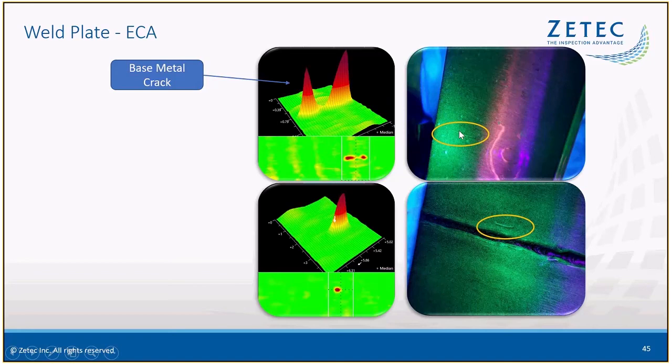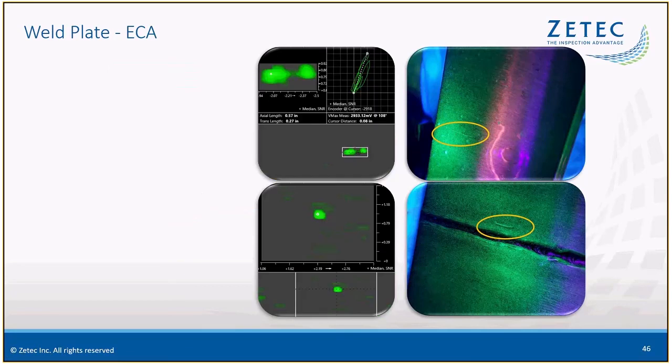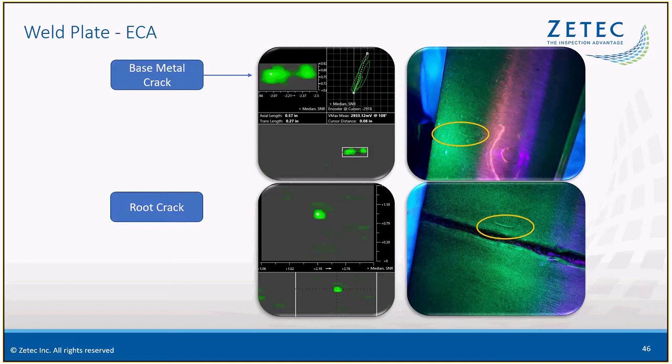And so you don't really get that level of detail with the MT, but you do get it on the eddy current array. And then the root crack, it would be hard to tell, but the root crack is a continuous, just one crack point. And now you know that with the eddy current array data. Same thing with the other view.